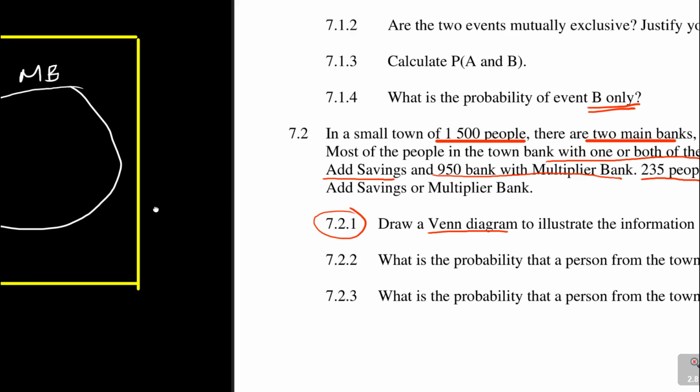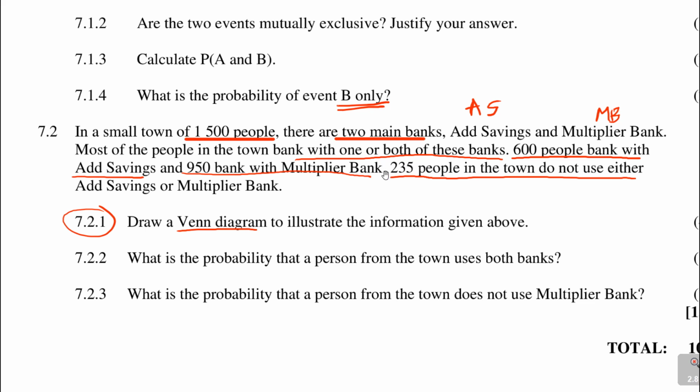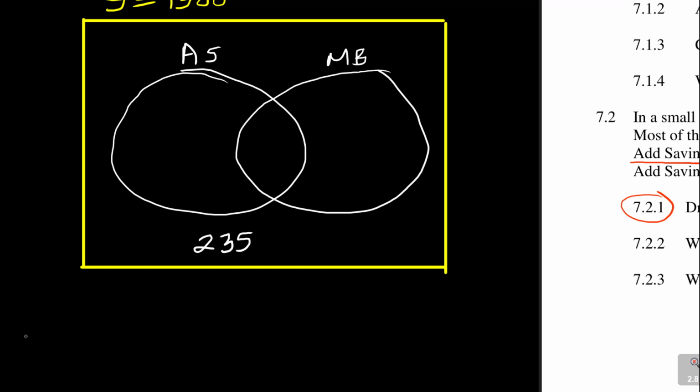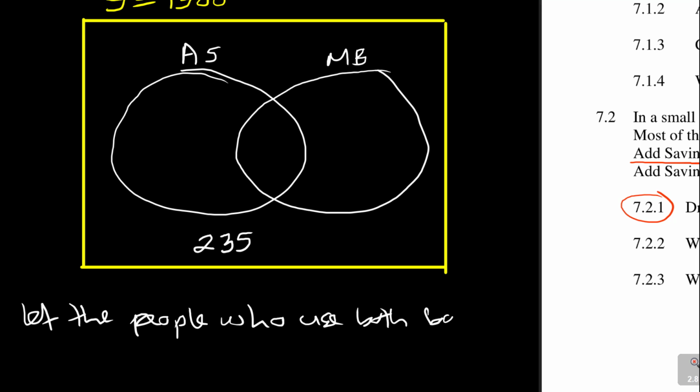But they never told us the people who use both banks, so let the people who use both banks be X. We put X there.